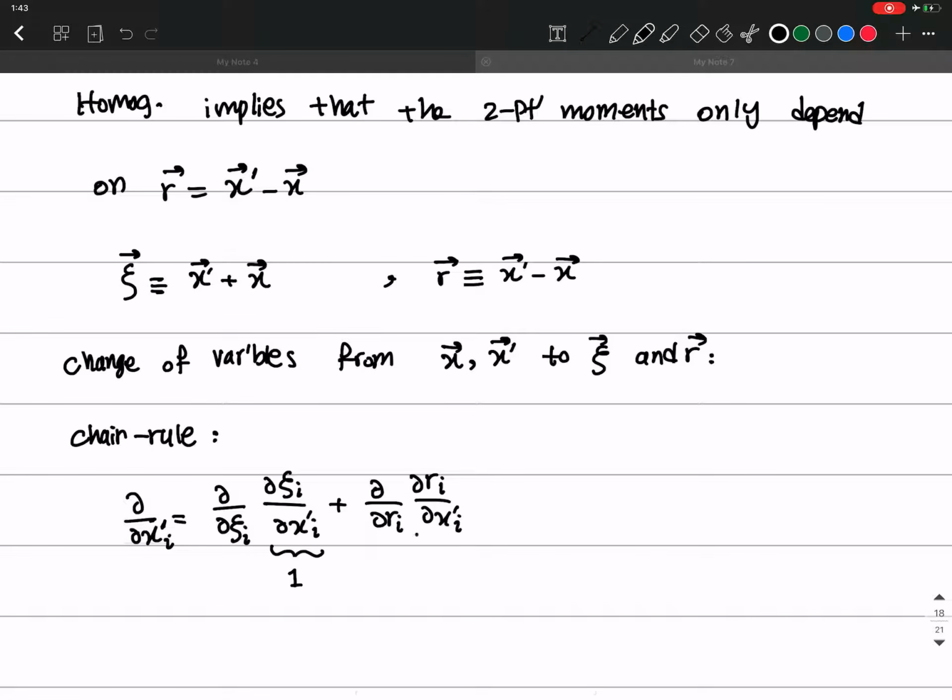And how about the second one? We have x prime here, again, it's 1, the derivative is going to be 1. So this equals partial over partial ksi i plus partial over partial ri.